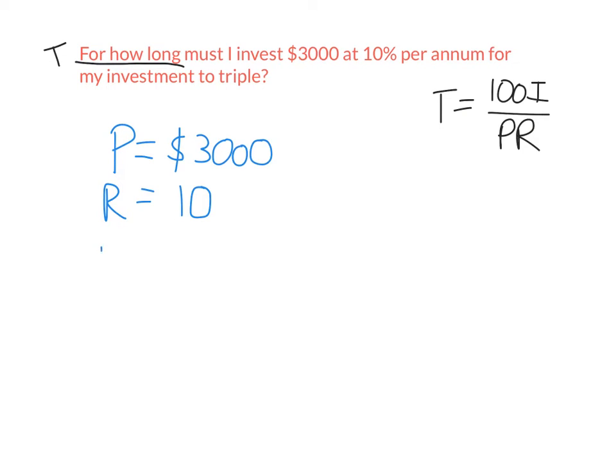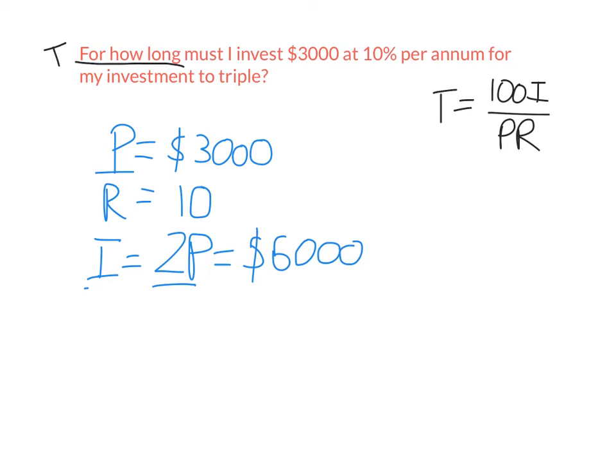In this case, we actually want I to be 2 lots of P. When you want to triple it, you want the interest to be double the principal, because you have 2 lots of the principal plus the original principal gives you tripled. So here I would actually be $6,000, because then at the end of the time you'd have 6,000 plus 3,000 equals 9,000. Once you've got that, the question becomes very simple.